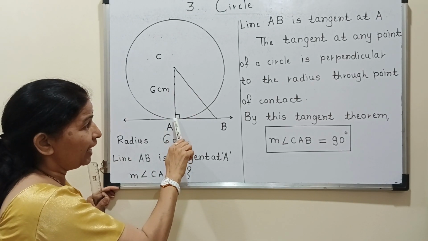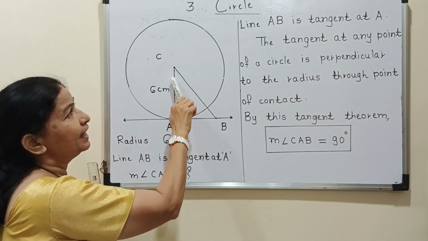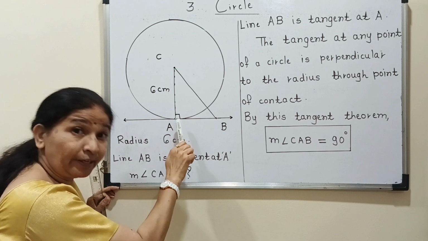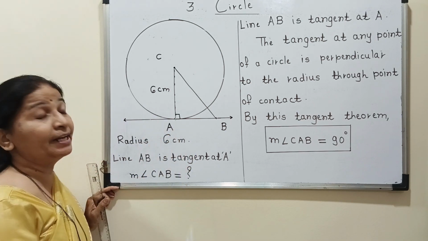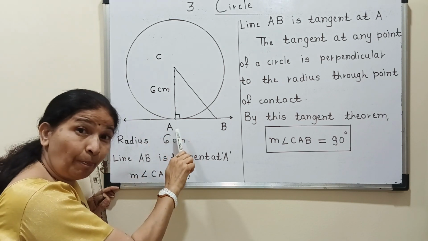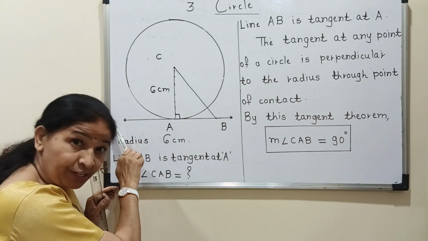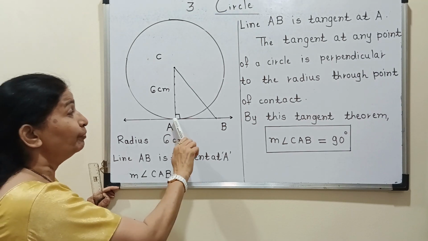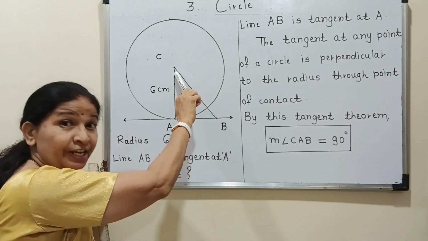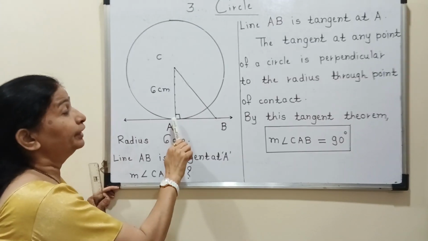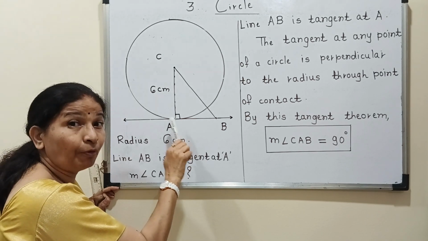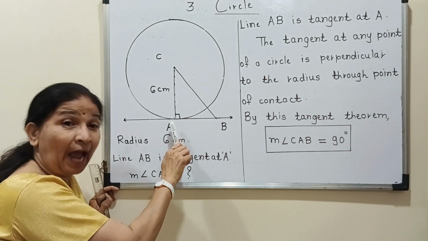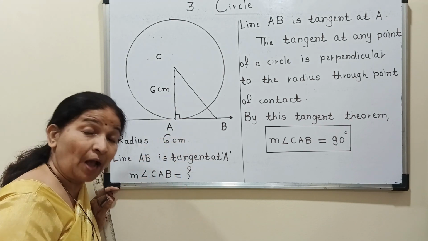Yes, through A we have drawn a radius CA. So, it makes an angle of 90 degrees. It is perpendicular. This tangent is perpendicular to this radius through this point of contact, and this is called the tangent theorem.